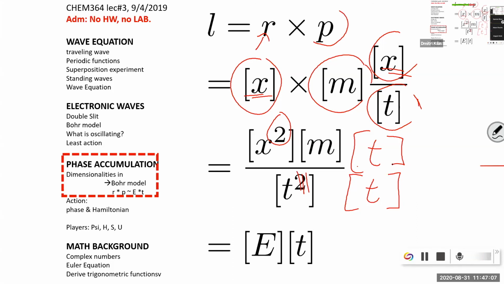On the other hand, the dimension of the angular momentum is energy times time. So action in the Lagrangian principle and angular momentum in our Bohr model or any rotation have the same dimension.